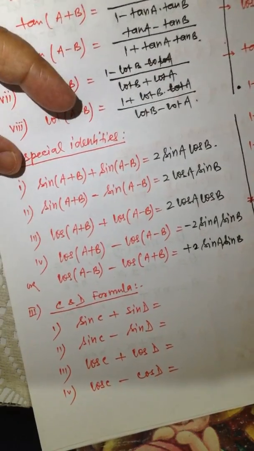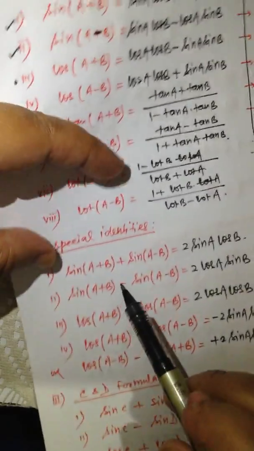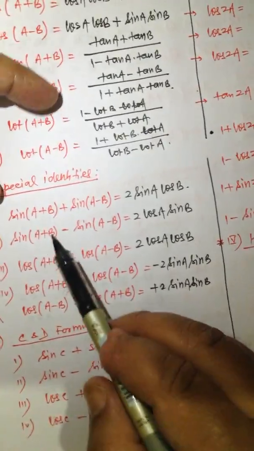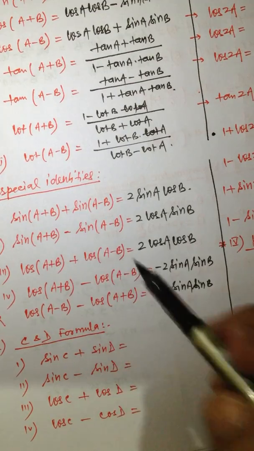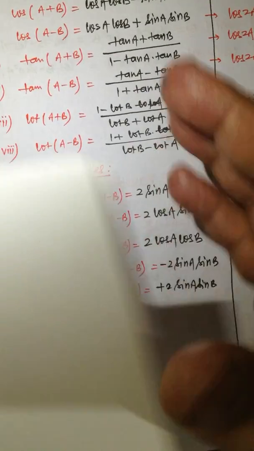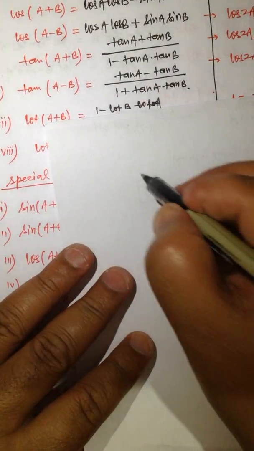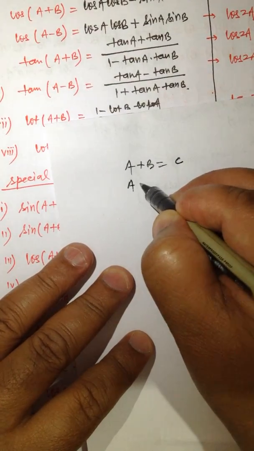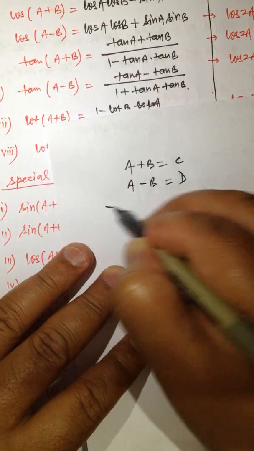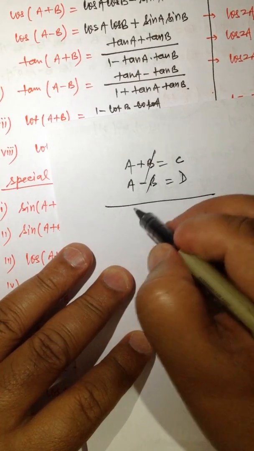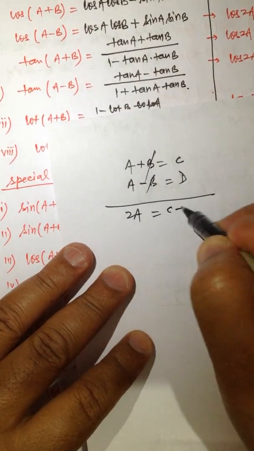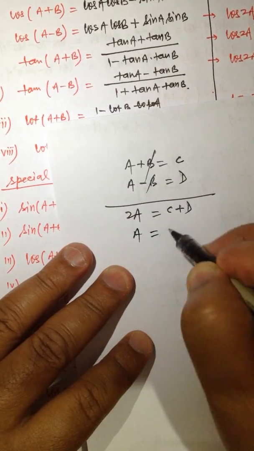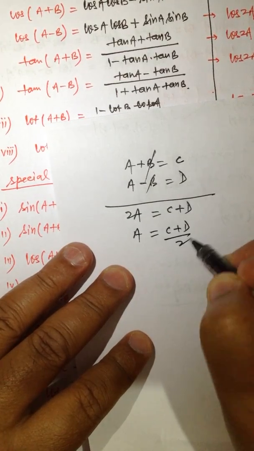Okay, right. If I am replacing in these two identities, A plus B is replaced by C. I am solving here. A plus B is equal to C, and we are substituting D for A minus B, so by adding, 2A will be equal to C plus D, so A will be equal to C plus D by 2.